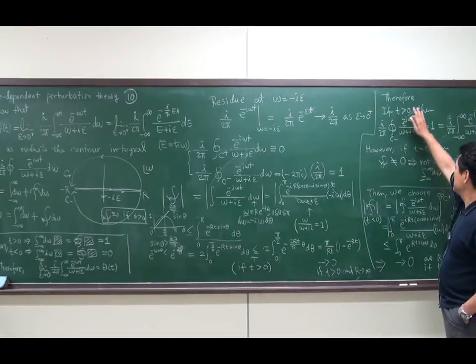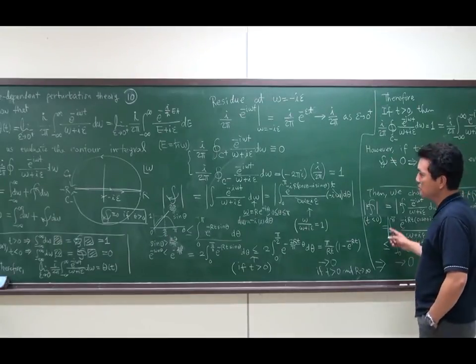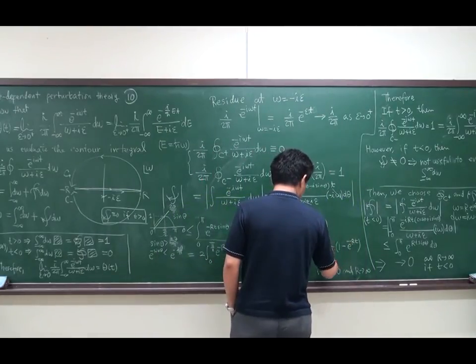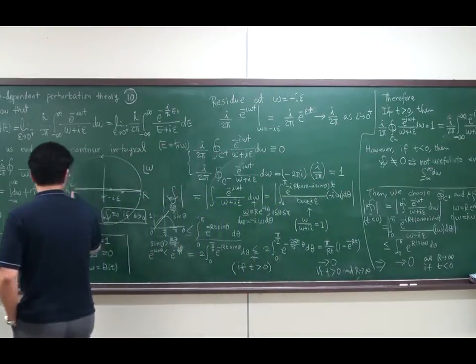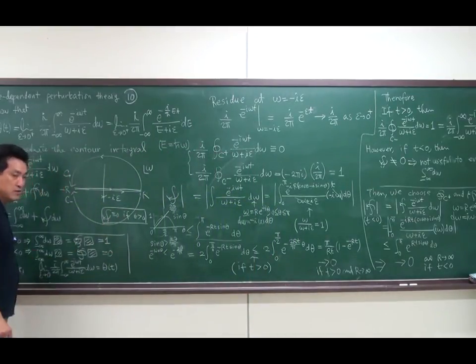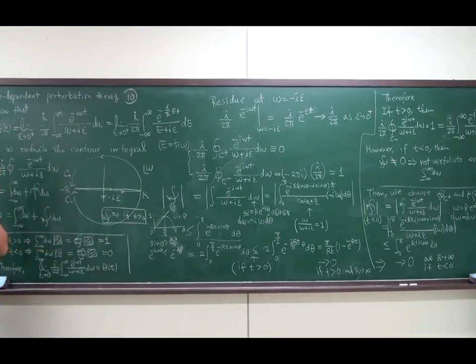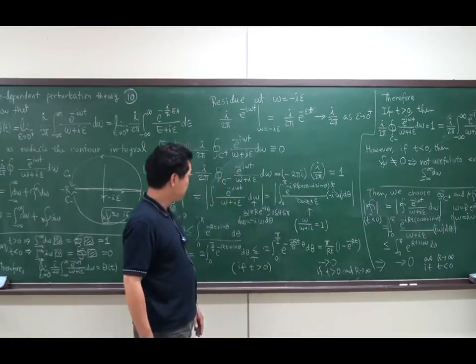So that's what I have already explained. If t is negative, what happens? I cannot make use of this relation to find whether this integral vanishes or not, because the upper bound runs to infinity.